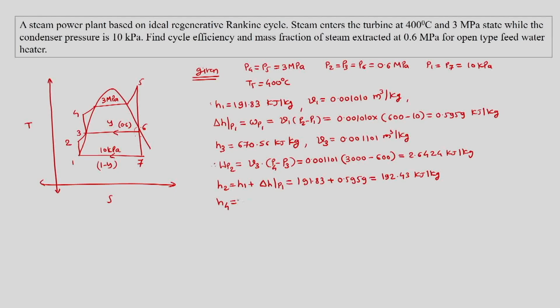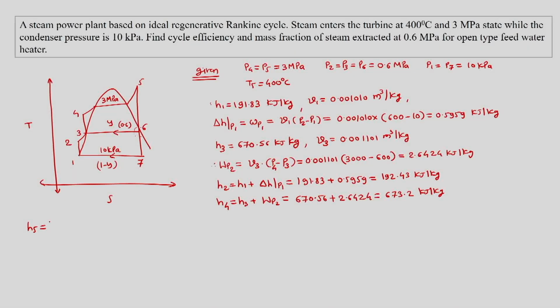So H4 is equal to H3 plus WP2, which is 670.56 plus 2.6424, and this gives us H4 as 673.2 kilojoule per kg.